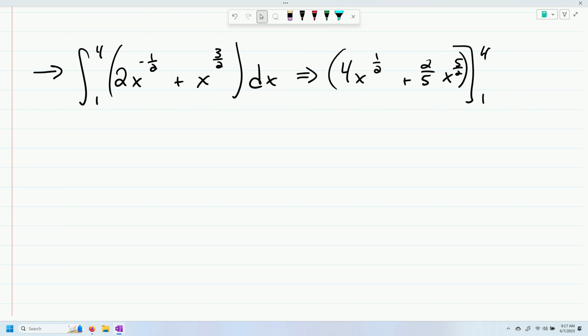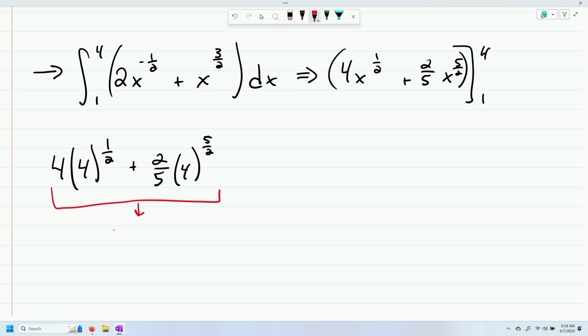But all I'm going to do here is go ahead and make my substitution. So I get 4 times 4 to the 1/2 plus 2 over 5 times 4 to the 5 over 2. This is my upper limit. I'll put it in parentheses because we're going to subtract away the lower limit.